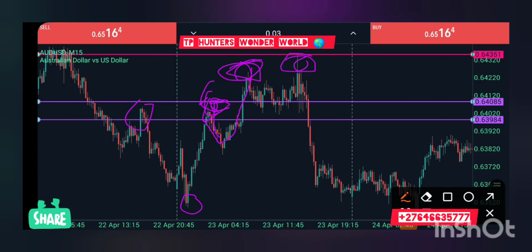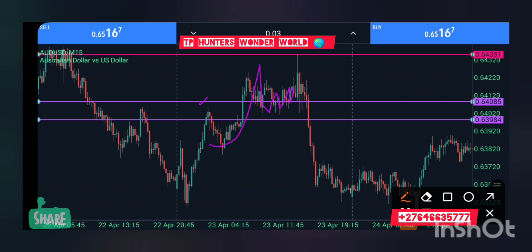So, just be patient, guys. Just be patient, because if you can check, in the breakout and retest, price kept on consolidating with too many bullish candles to fool you that it's a breakout and retest.